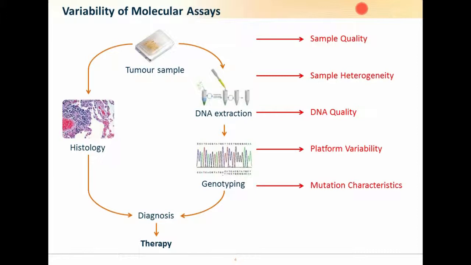Now, throughout this whole process, there's opportunity for variability to creep in. So this will be the sample quality, the sample heterogeneity, DNA quality, platform variability, and mutational characteristics. And what I'm going to do is talk through each of these points on the next 5 or 6 slides.